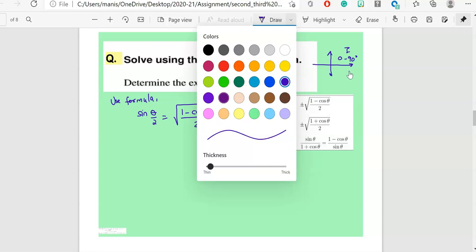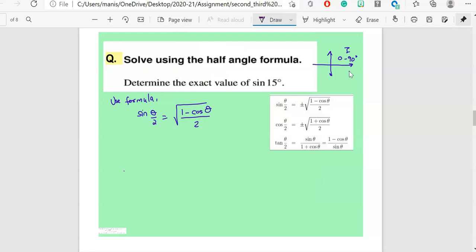Now the next thing we have to do is substitute the value. So I will write it over here, sine 15 over 2. Now think over here, can I write sine 15 over 2? Because if I divide this, my answer is 7.5 degrees.